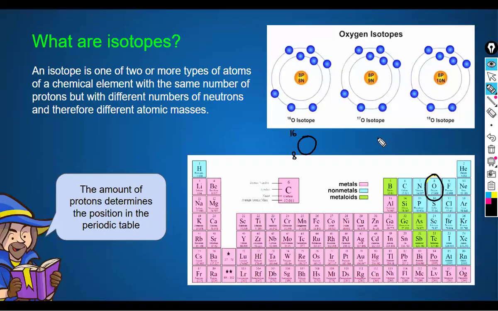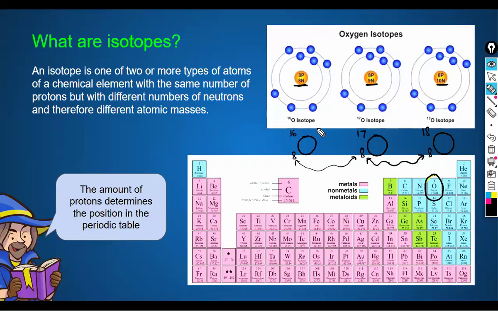But there's another oxygen, one with 17 here and 8 here. And there's a third version of oxygen with an 8 here and an 18 here. You notice all of these oxygens have the same amount of protons, but the top number is different. Why is the top number different? Because the amount of neutrons is different.